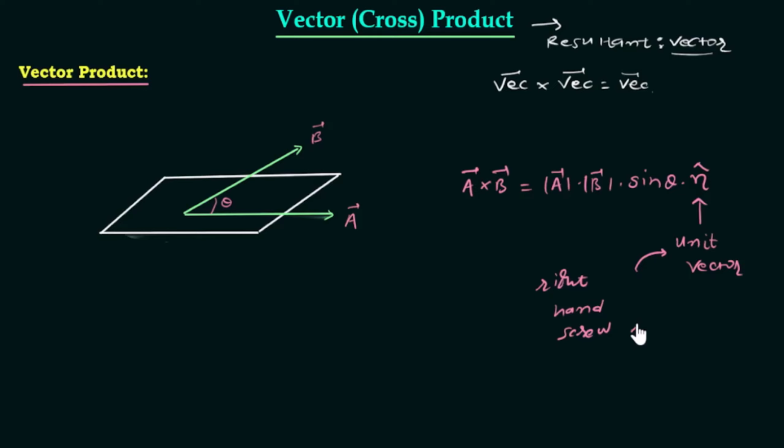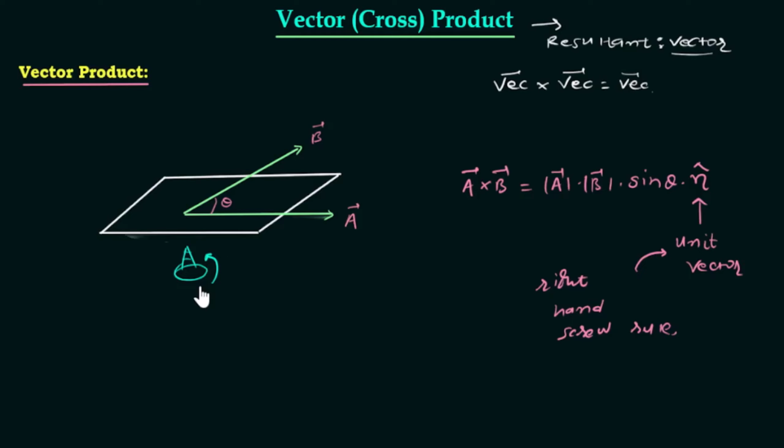So what we will do is put a screw like here. Now we have to take the cross product of A and B, so basically it is A cross B, and we will rotate our screw from A to B. Our screw will be rotated in this particular direction. The direction of rotation will always be from A to B if it is A cross B.